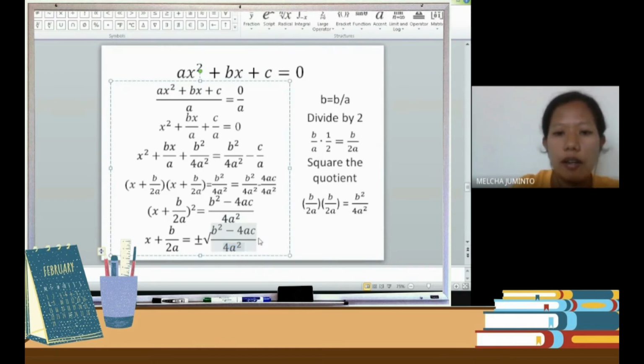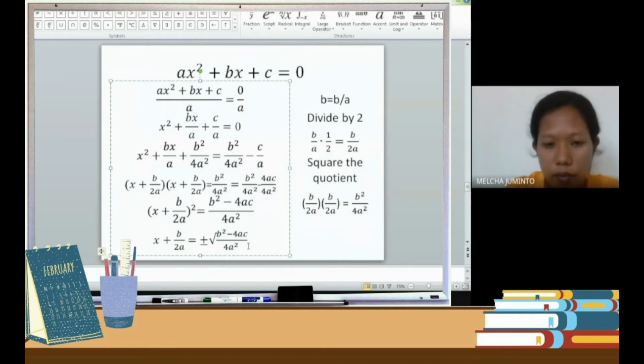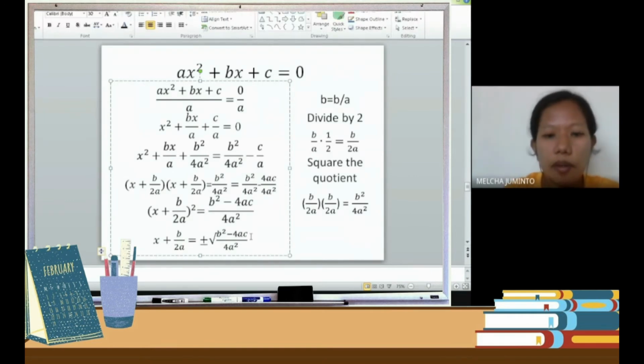That is the square root. And we continue.